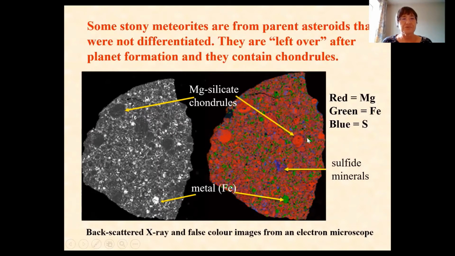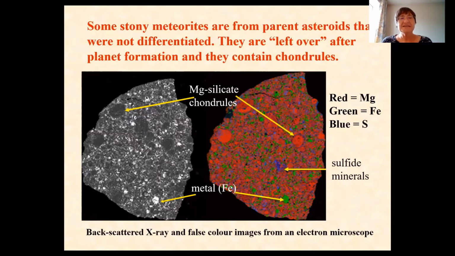One of the interesting features about these stony meteorites is that they contain these little spheres here, which are what we call chondrules. The picture on the left is called a backscattered X-ray image, and it is used for us to look at the detailed internal structure of a meteorite.